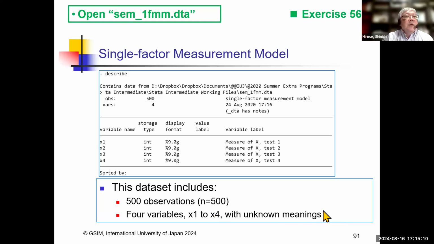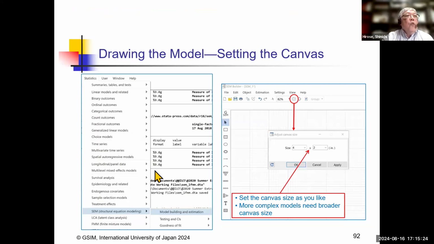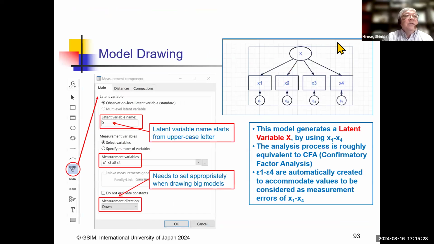We do not know the meaning, but these x1 to x4 include some integer numbers, and we will build the picture like this. From now, you will draw the picture like this.